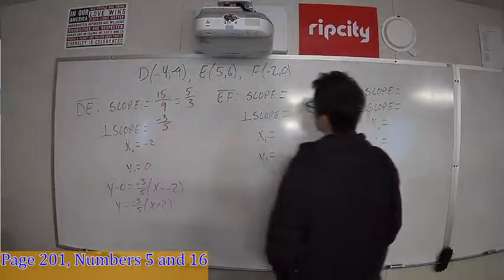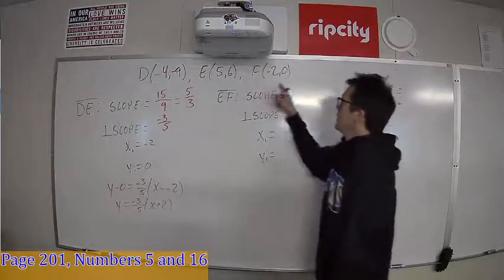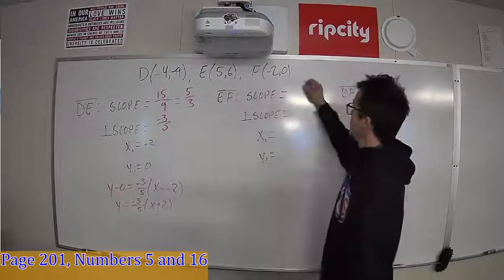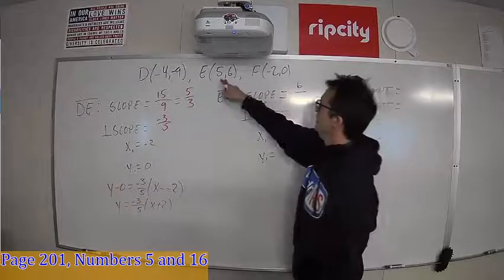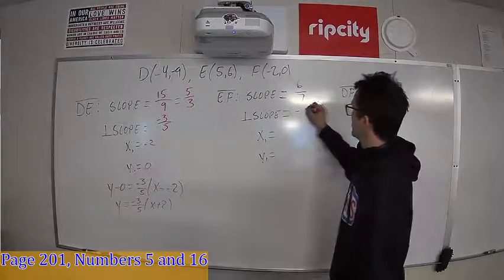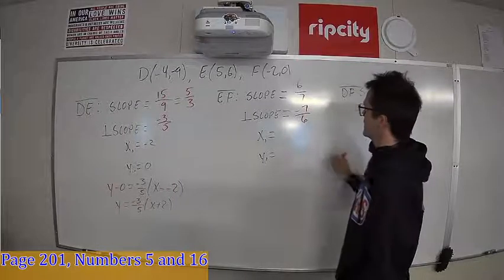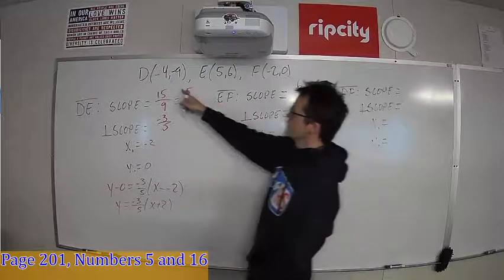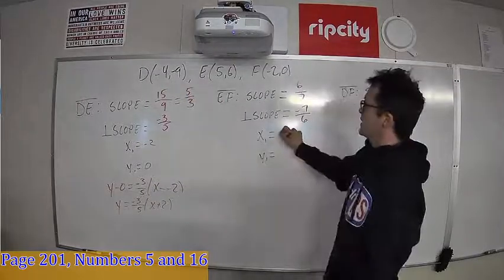Next one. Side EF has a slope. Let's go the other way. I'm going to do 6 minus 0. That's 6. 5 minus -2. That's 7. Perpendicular to that is -7/6. This is side EF, so it needs to go through vertex D. My x1 is -4.